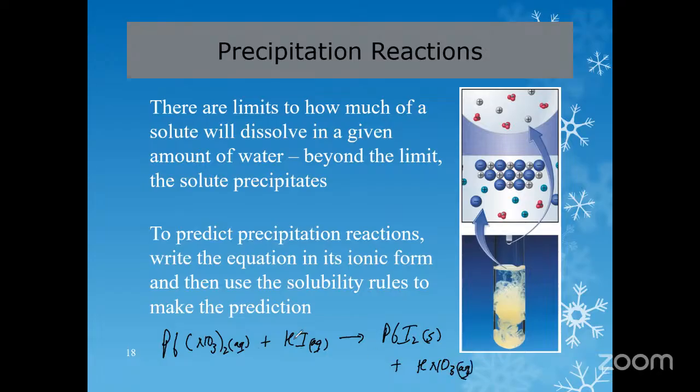And to balance this, we need a 2 here and a 2 here, right? So you'll notice in this particular reaction, one of the two products will be a solid resulting from mixing two aqueous solutions. One of them is lead(II) nitrate and the other one is potassium iodide, right? So that's an example of what we call a precipitation reaction, where you mix two solutions together and you end up with a product which is a solid.